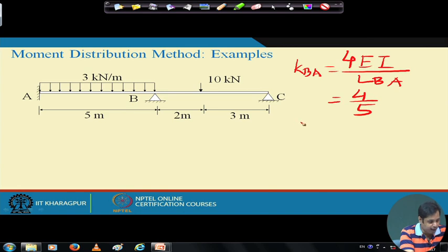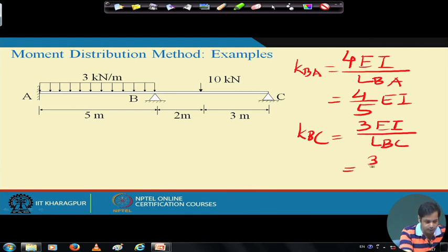And similarly KBC is equal to 3EI by LBC, the length of BC, which is equal to 3 by 5 EI. Okay.